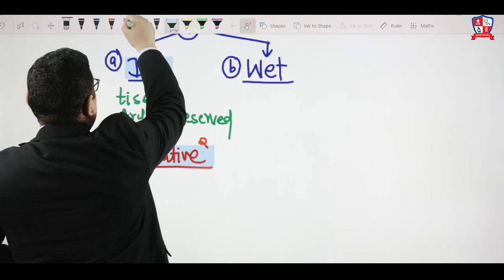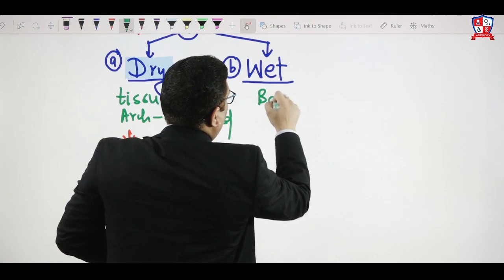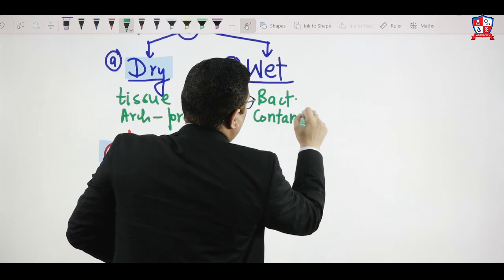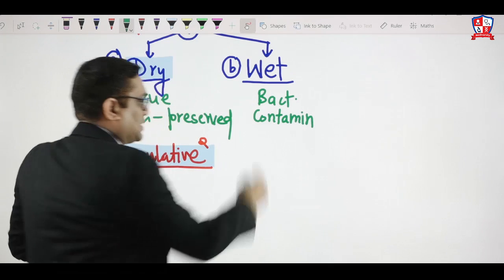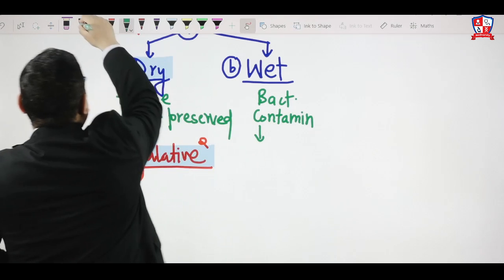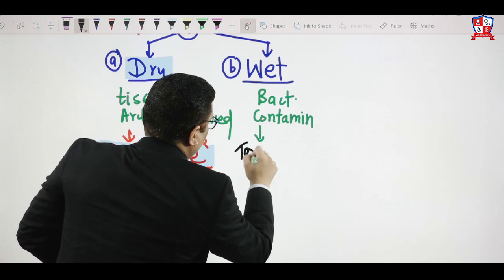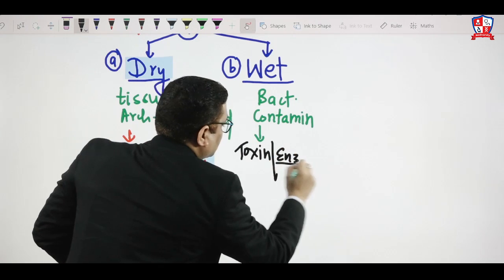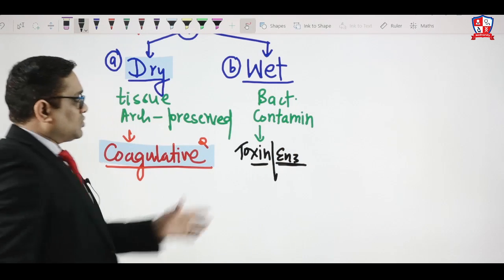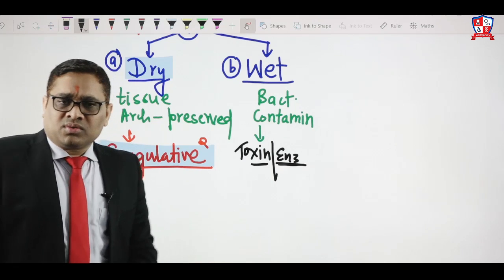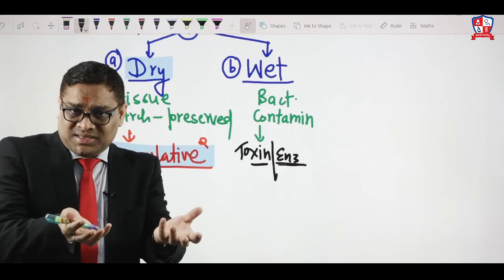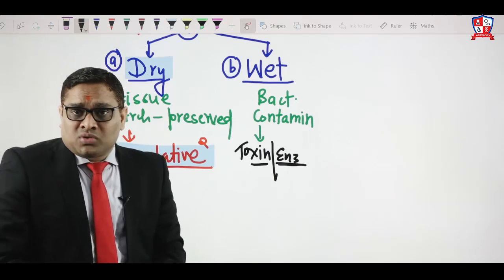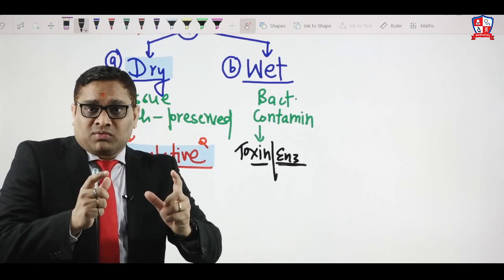Because of bacterial contamination, there will be toxins and enzymes. See what I am writing, there will be release of toxins and enzymes, right? These toxins and enzymes will cause hydrolysis of the remaining tissue.